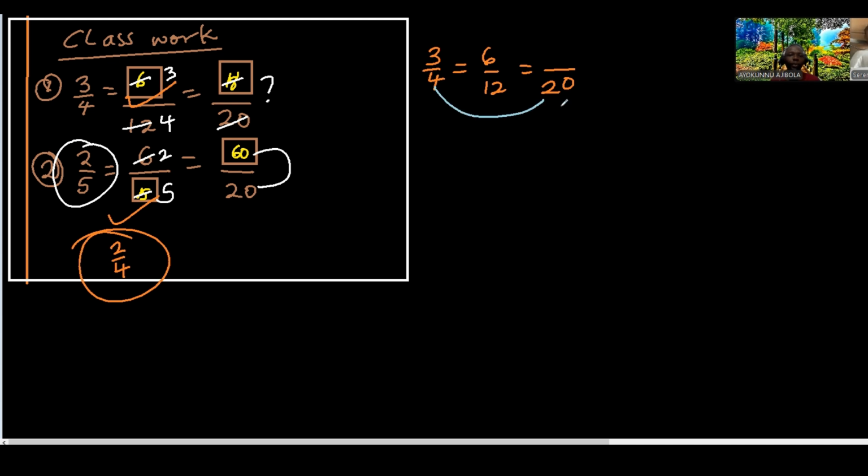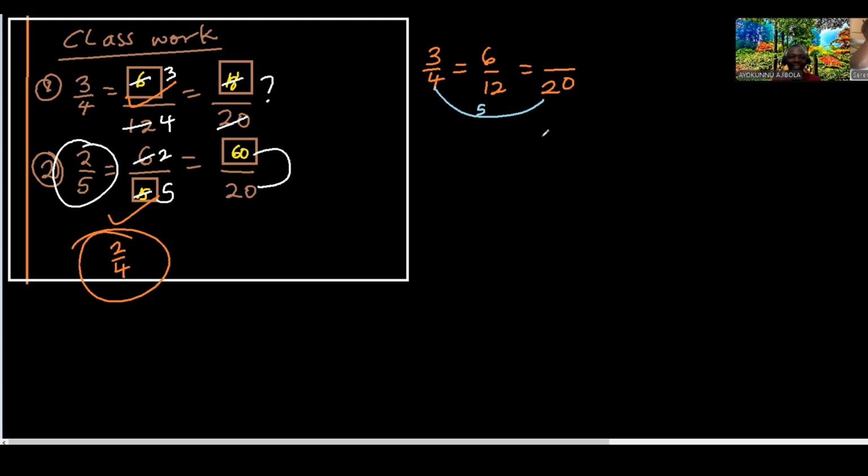4 times what gives me 20? Is it 4 times 5? 4 times 5 will give me 20, okay?